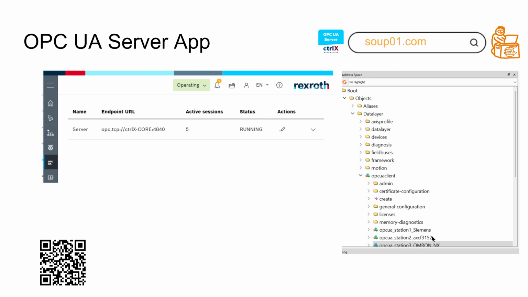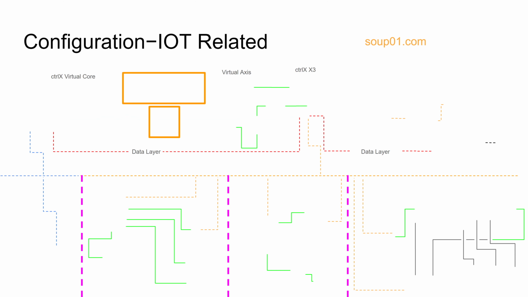Inside, I can access all the OPC UA servers that my OPC UA client apps access. It means that, as I mentioned before, you don't need to access each OPC UA server anymore. What you want to do, you can only access ctrlX, and ctrlX will manage all the stuff that you need.